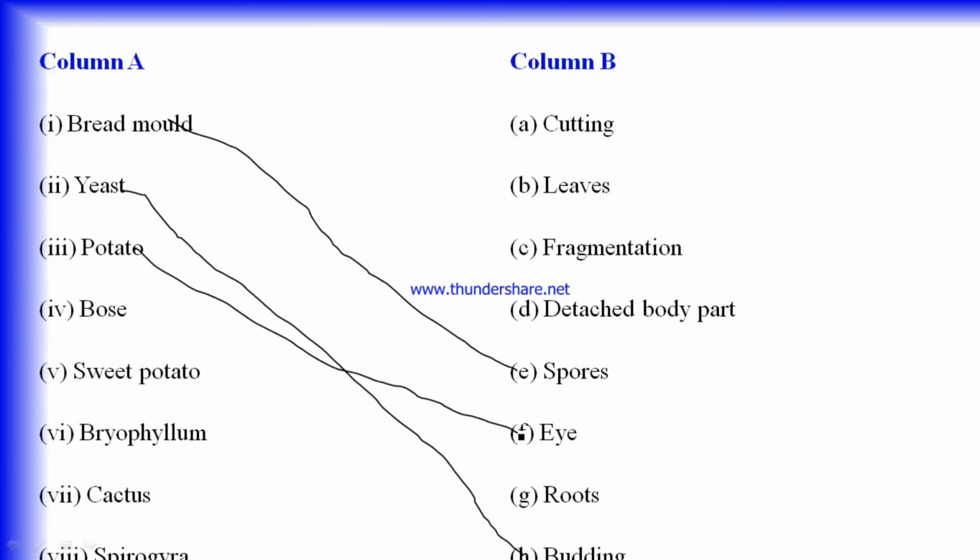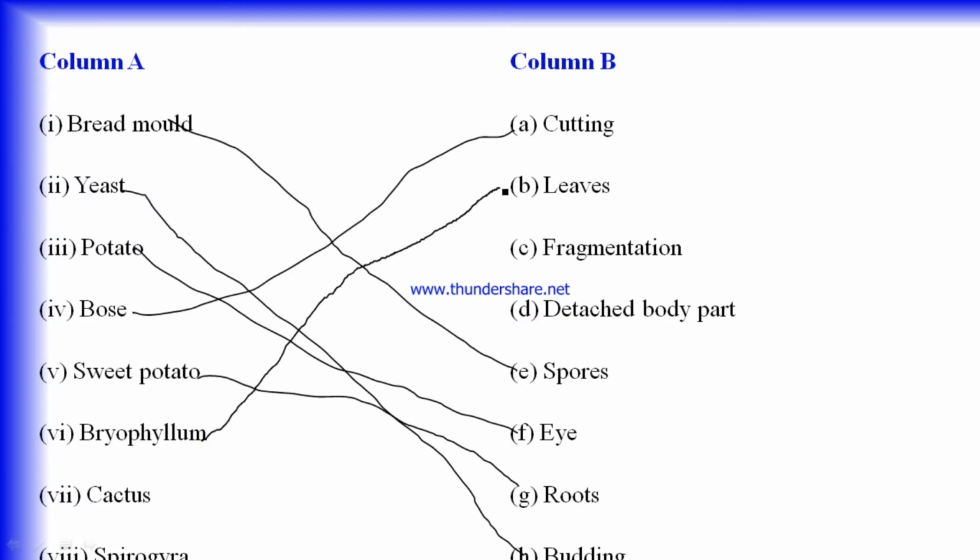Then potato. Potato is related to eye. Next rose. Rose is cutting. Then sweet potato. Sweet potato develops from roots. That's why sweet potato is related to roots. Bryophyllum is leaves. Cactus, detached body part. How does cactus form? By detaching from the parent body, cactus forms. That's why cactus is related to D, detached body part.